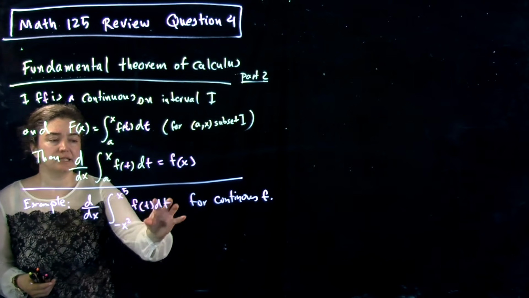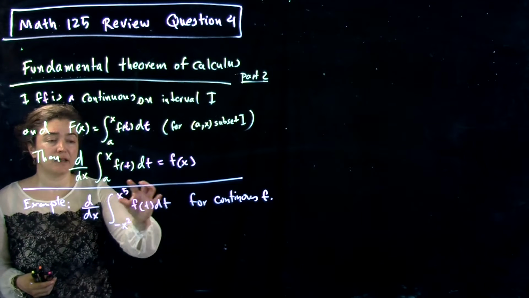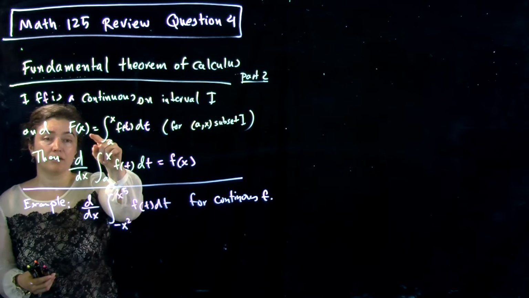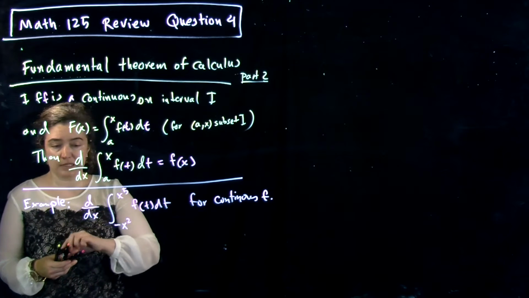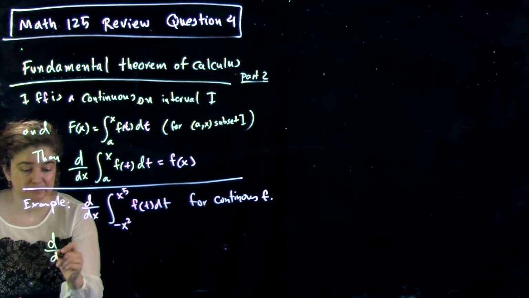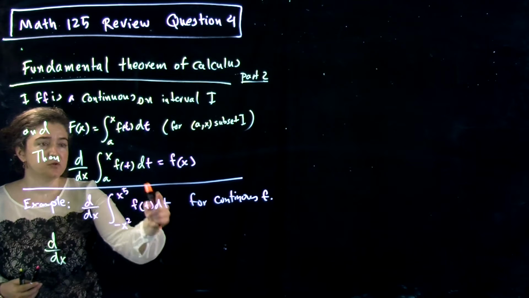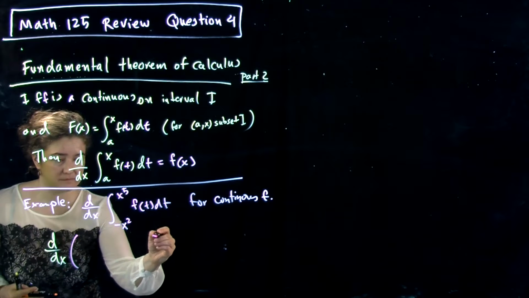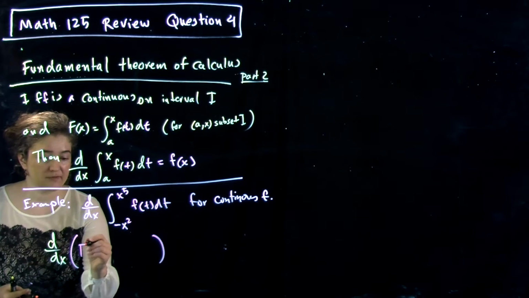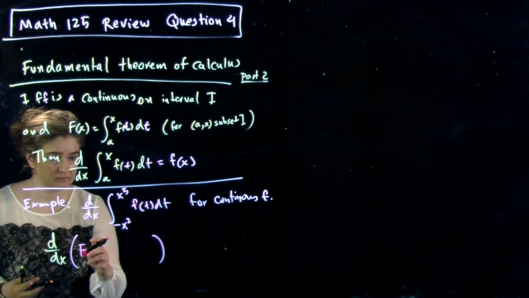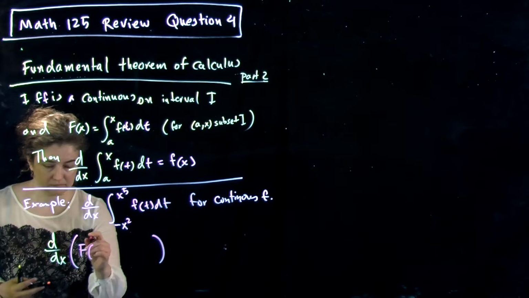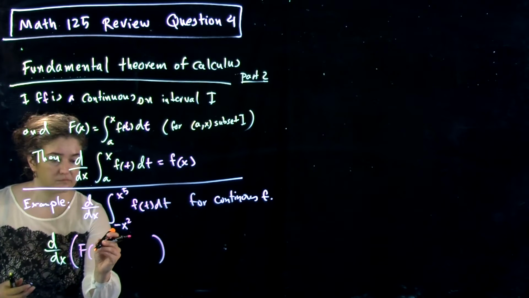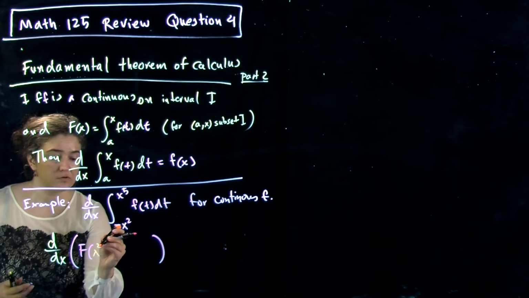But when I'm really taking the derivative of this entire thing, I should think of it as the accumulative function. So let's try to do it that way. So I'm going to replace this by the cumulative function evaluated at x to the 5.